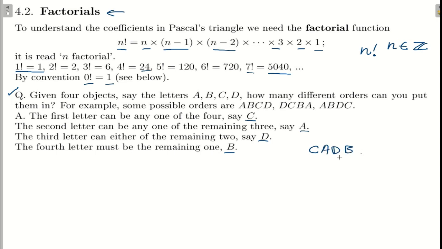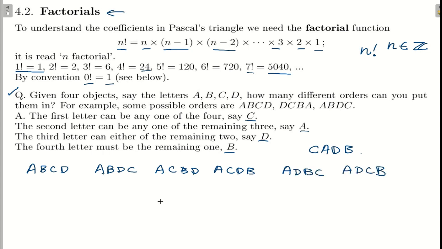So how many ways can we reorder the 4 letters A, B, C, D? Let's try it by hand. We have A, B, C, D. Keep the first character the same. So another possibility is A, B, D, C. Okay, another is A, C, B, D and A, C, D, B. Finally, it's A, D, B, C and A, D, C, B. And how about we keep the first character as B?